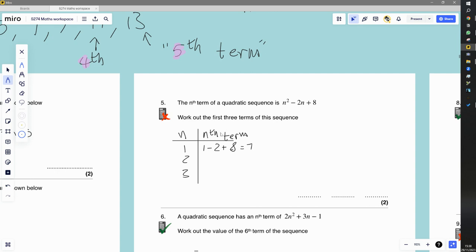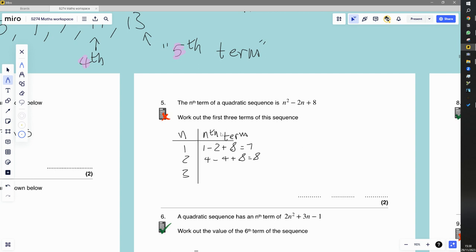Next one, we have 2 squared, which is 4, take away 2 times 2, which is also 4, plus 8. So that's just equal to 8.